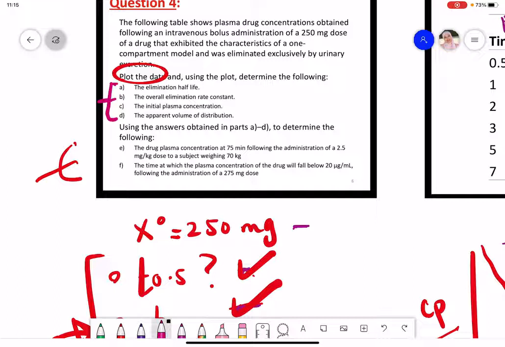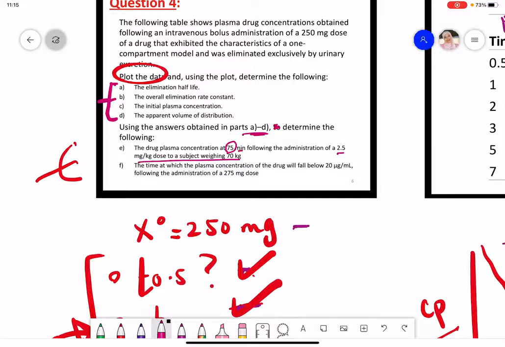Okay, let's continue. Using the answers obtained in parts A to D, determine the following: the plasma concentration at 75 minutes following the administration of 2.5 milligram per kg to a subject weighing 70 kg.